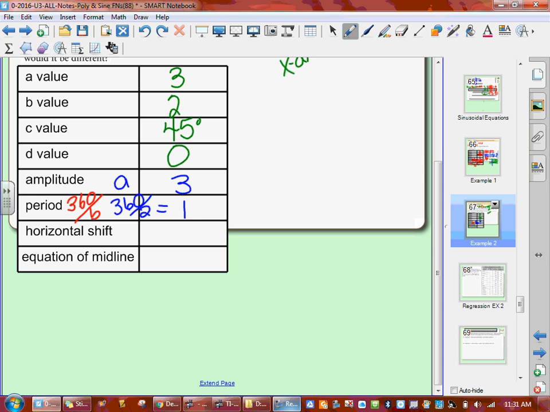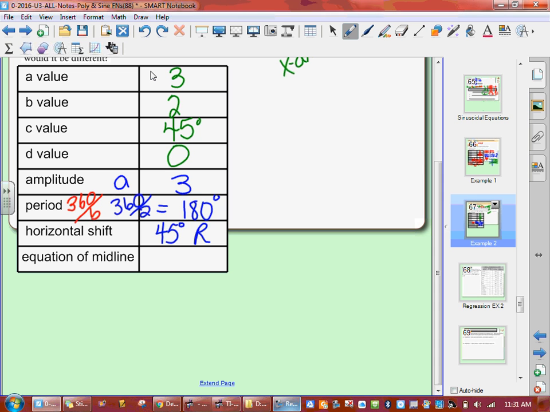To the right, because it's positive. Remember, negative in brackets moves to the right because you take them out. I just put an R for right. If they ask for the shift, you have to tell them which way it went. You can't just put plus 45, because that still doesn't tell you for sure if it goes right or left.